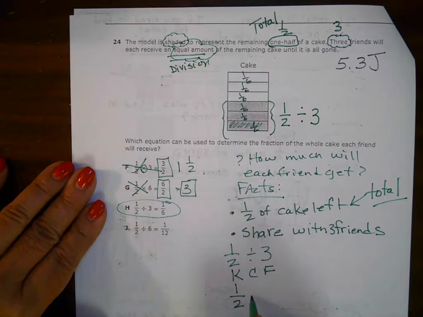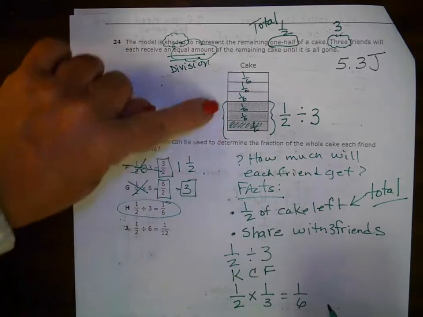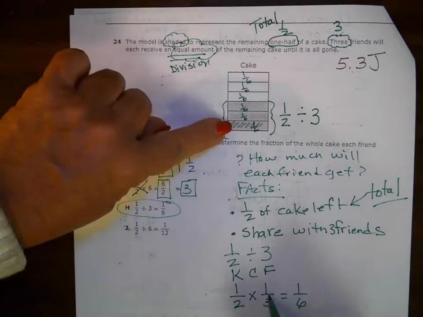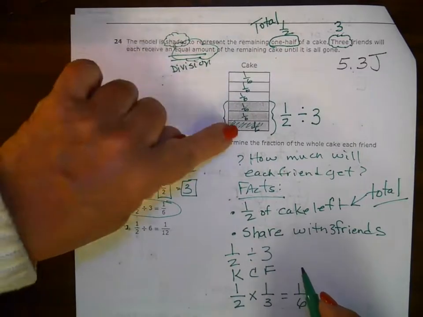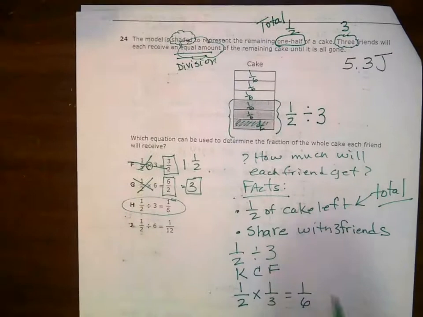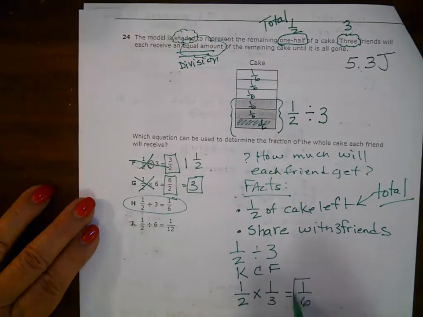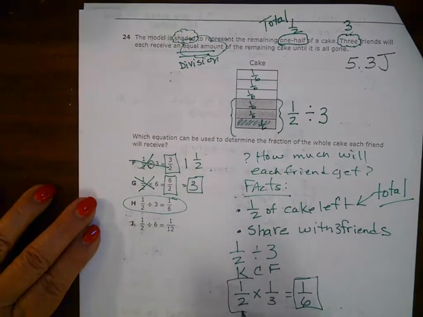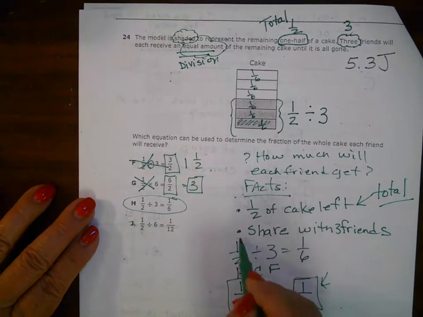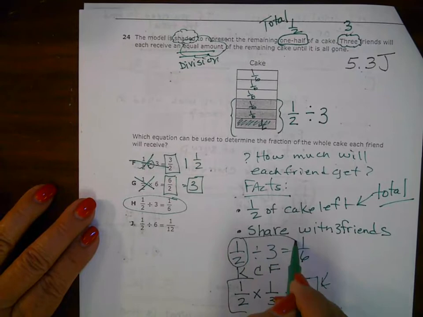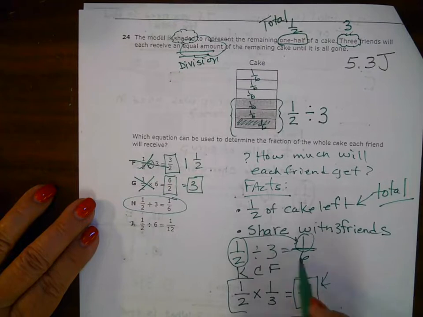So it's 1/2 times 1/3 equals 1/6, because I took the 1/2 and I divided it into 3 equal parts, and I have to do it for the other one, so it's 1/6 of the whole 1 unit. Okay? And that's the answer. Remember, if it starts with a fraction, it's going to end in a fraction. So just put your 1, your divided bar, and then 2 times 3 is 6.